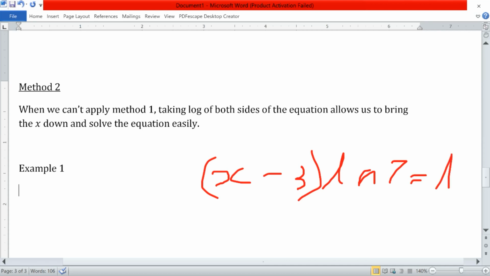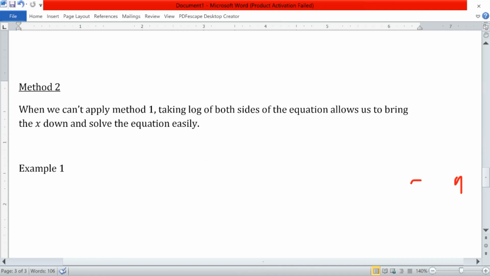Then you remove the bracket. Once the x has been brought down, it's a simple equation then. Just remove your brackets and isolate x. Make x the subject, right? Understood. Very good. This method is very powerful.